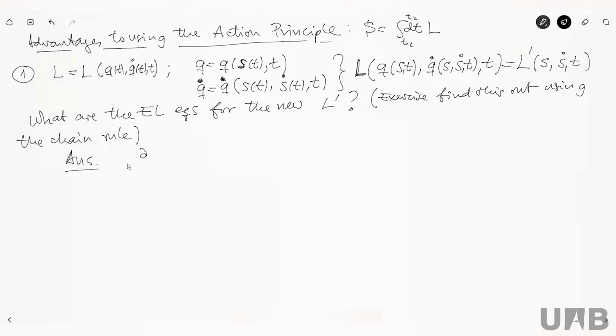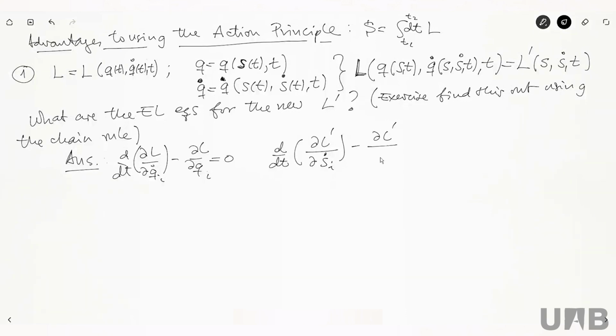If d/dt of dL/dq dot minus dL/dq equals 0, for all of them, is the Euler-Lagrange equation for the old Lagrangian, then for the new Lagrangian the answer is identical. It's the same. It doesn't change.